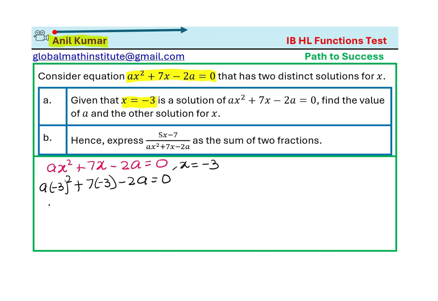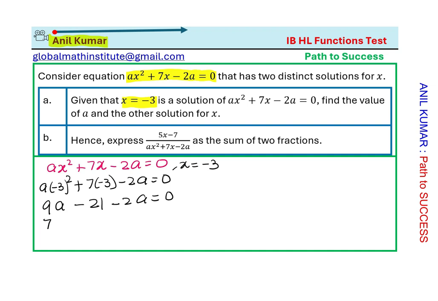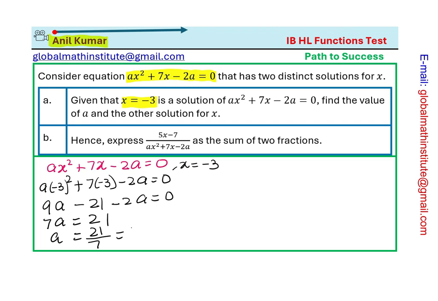So 9a is minus 3 squared times a, and it becomes minus 21 when I multiply 7 and minus 3. So 9a minus 21 minus 2a equals to 0. So 9a minus 2a will be 7a. So 7a is 21 and therefore a is 21 over 7, which is 3.